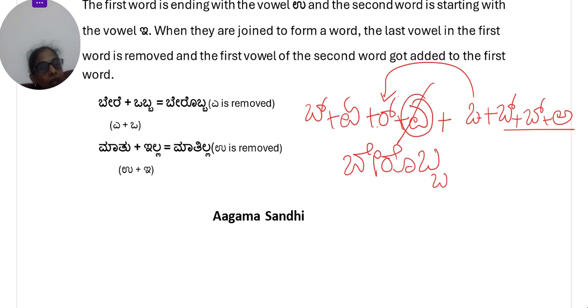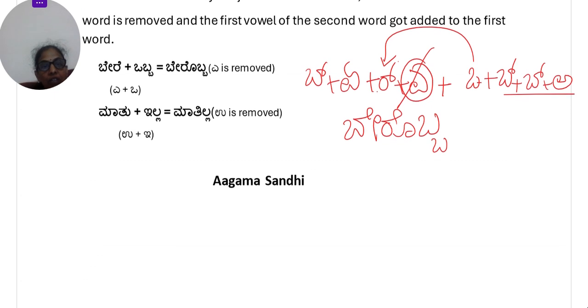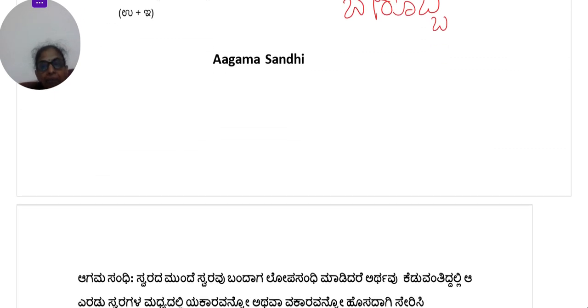Lopa means something to disappear or something getting lost. That is why the name is Lopa Sandhi, because the first word's last swara is getting disappeared, means removed. So that is why Lopa Sandhi gets formed. Now next one is Agama Sandhi.